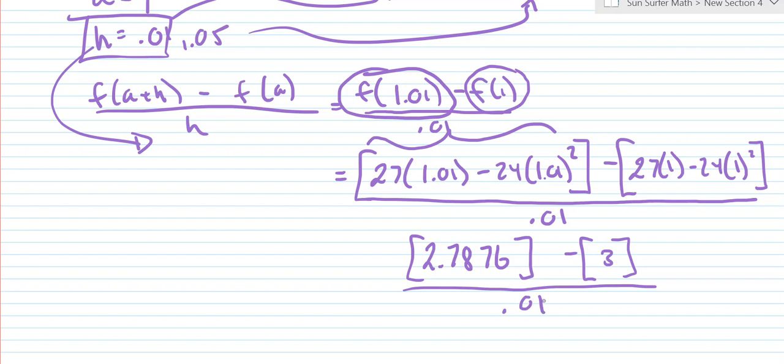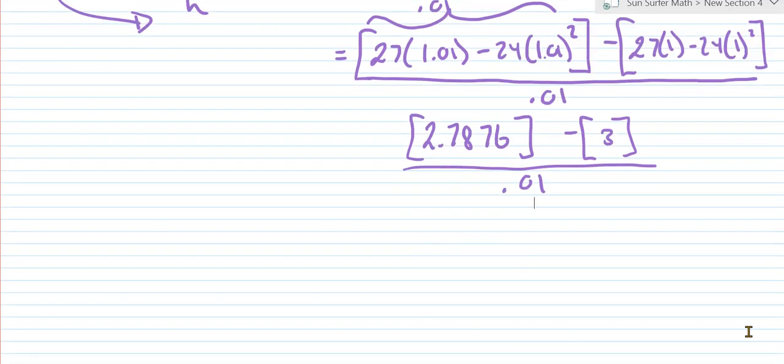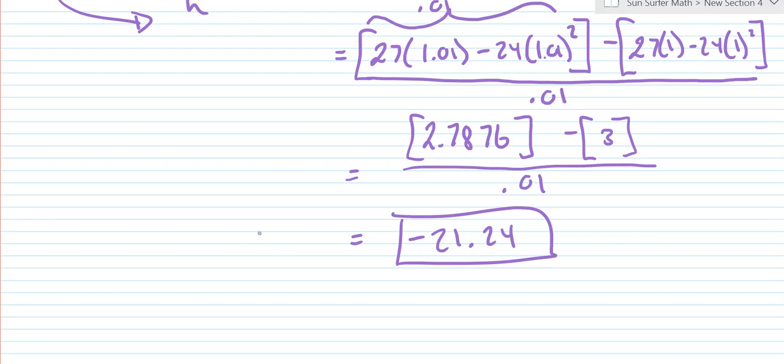And now we're going to end up with a negative number. 2.7876 minus 3, and then divided by 0.01, this whole quantity becomes negative 21.24. And that would be the answer to the first part when h is equal to 0.01.